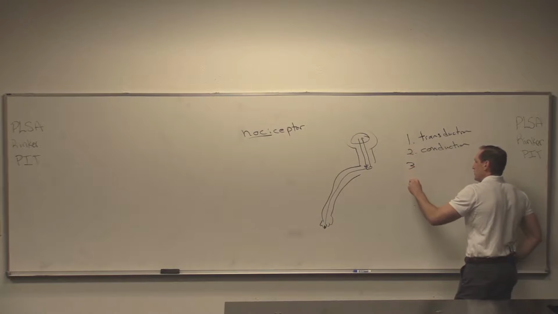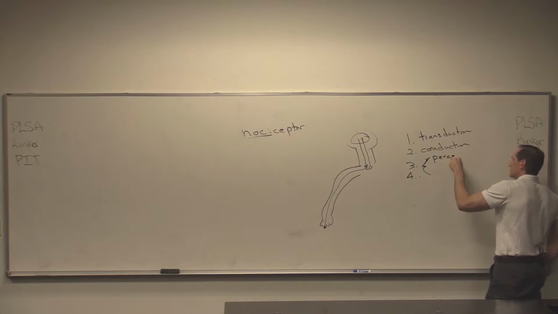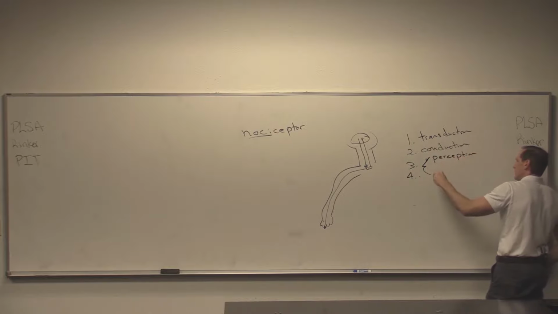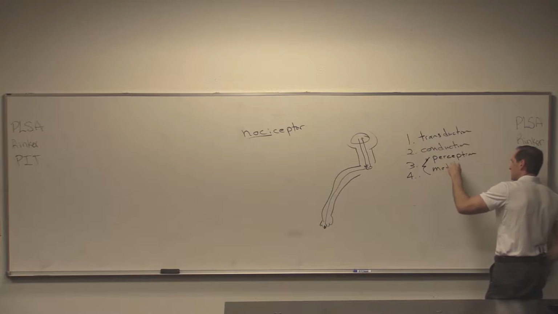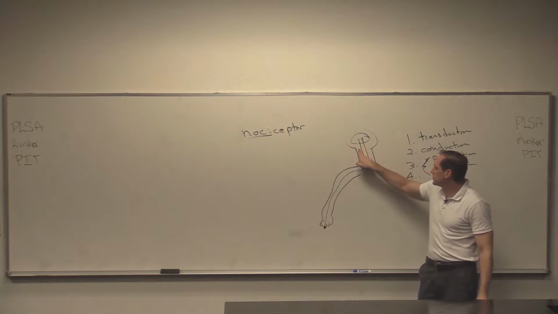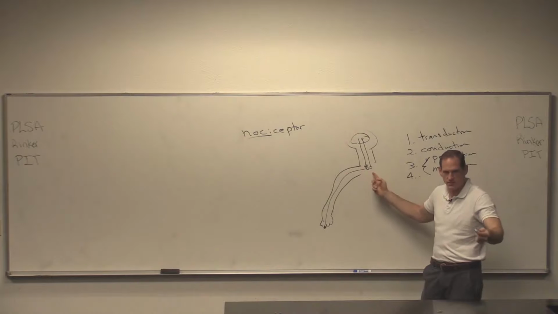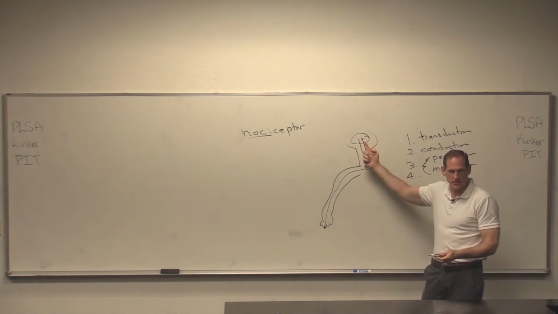Then the next 2 are kind of together, and that's perception and modulation. So modulation is when the brain sends that signal back down to modulate the signal that's being sent up to the brain. Does that make sense?